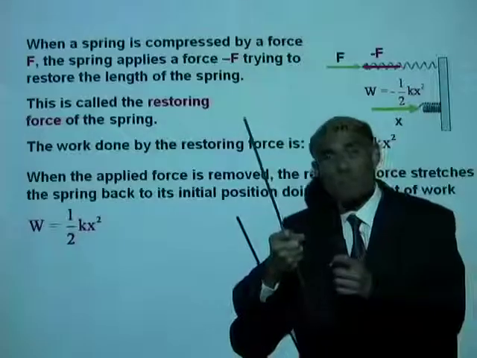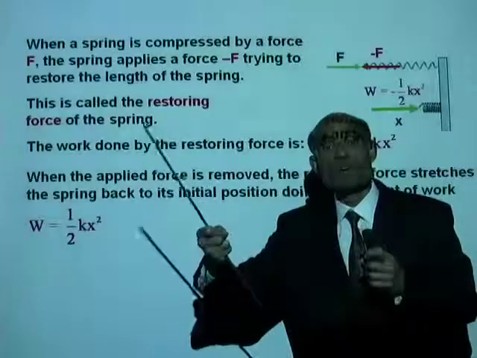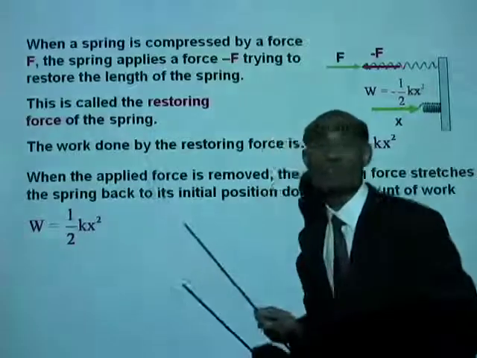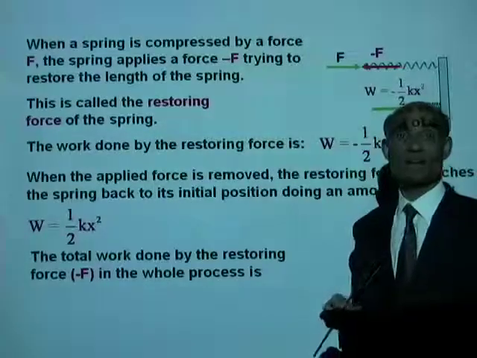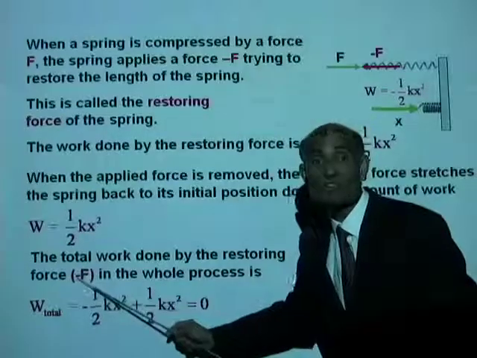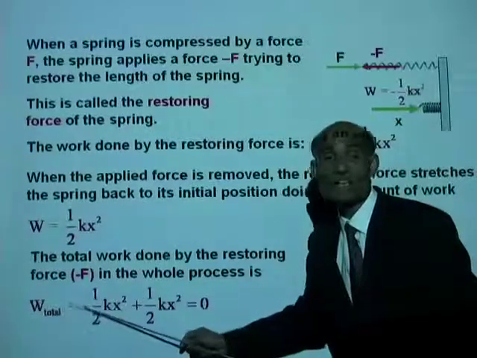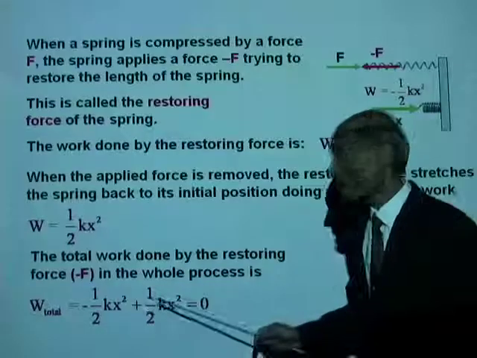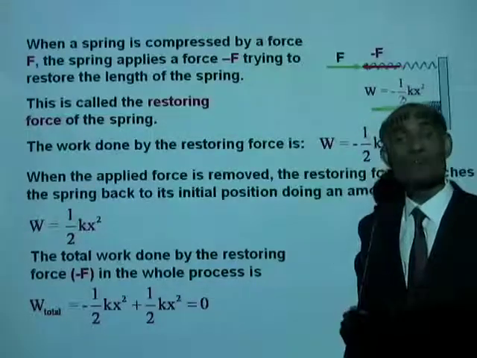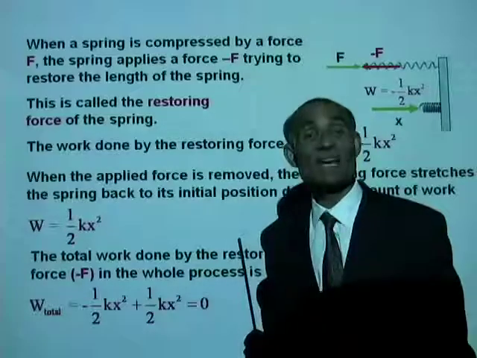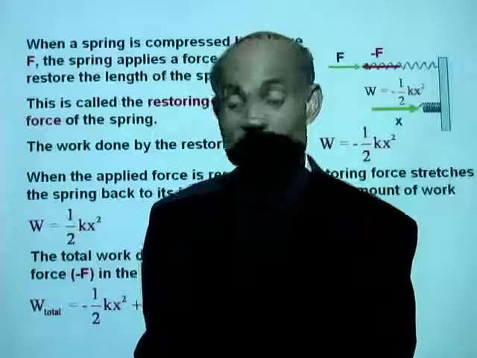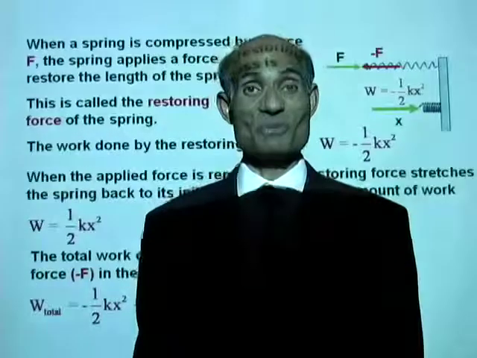When the external force is removed, the work done by the restoring force is positive 1/2 kx squared. Therefore, the total work done by the restoring force is negative 1/2 kx squared plus 1/2 kx squared equal to 0, which indicates that the restoring force of a spring is a conservative force.